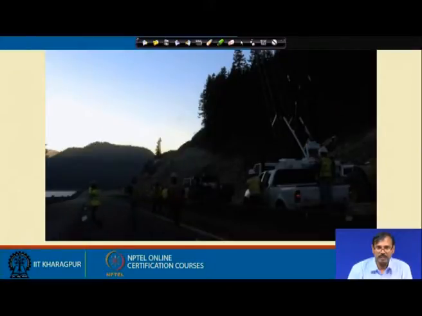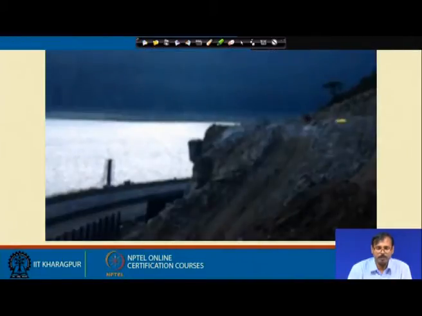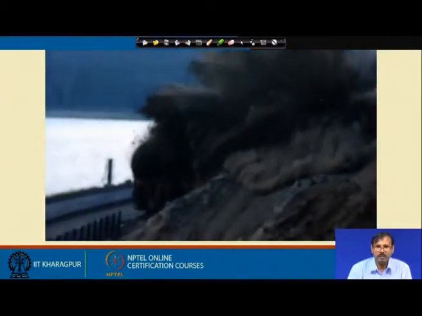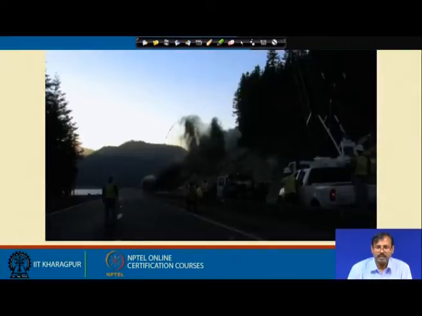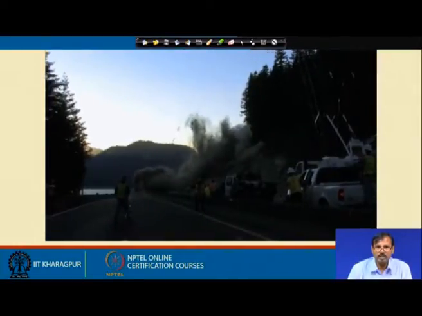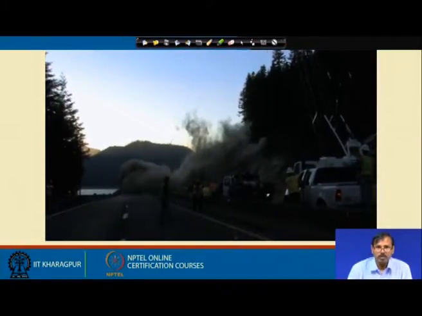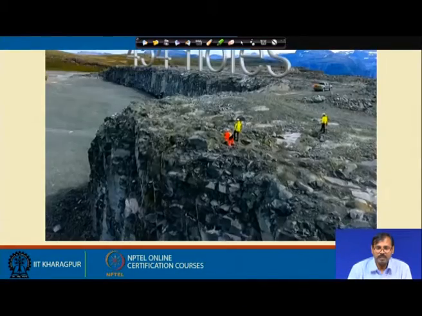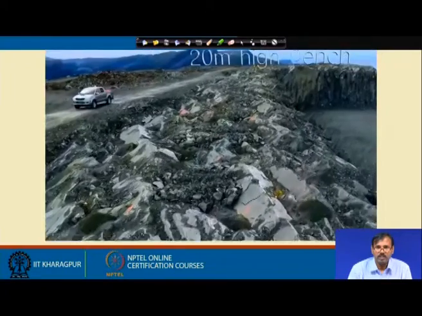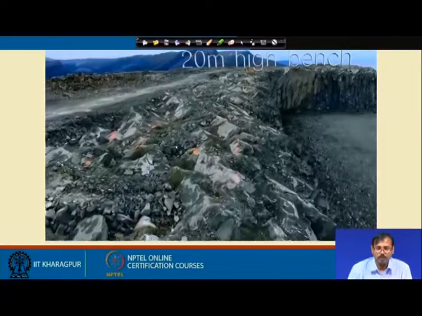Similarly, in this video we are excavating rock for civil construction purposes, so that a new road can be constructed in the hilly terrain.